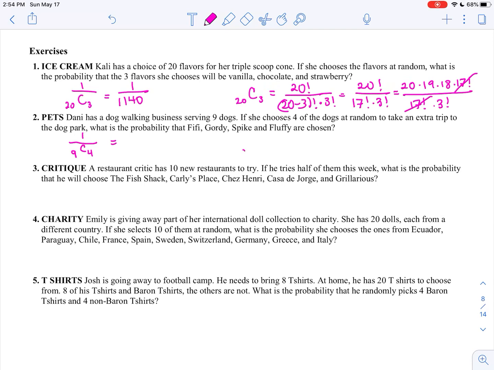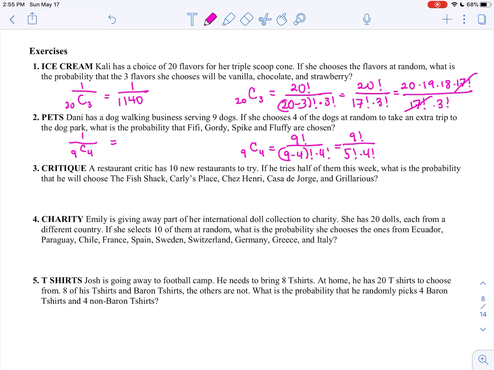So if we again simplify out 9 choose 4, we would get 9 factorial over 9 minus 4 factorial times 4 factorial. So that would simplify out to be 9 factorial over 5 factorial times 4 factorial.